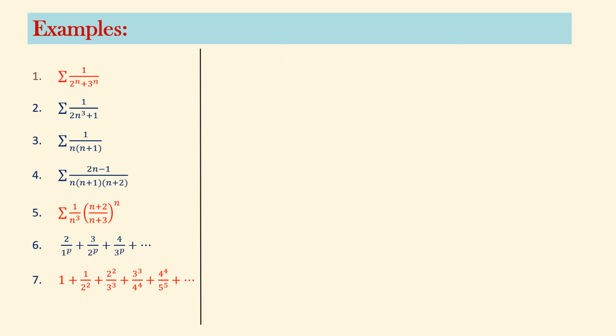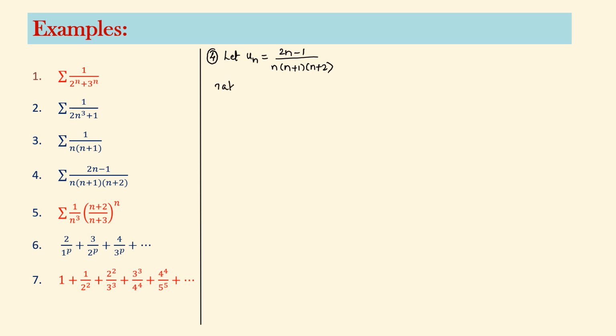Now the fourth question. Here, let Un be equal to 2n minus 1 by n into n plus 1 into n plus 2. So what should be our Vn?